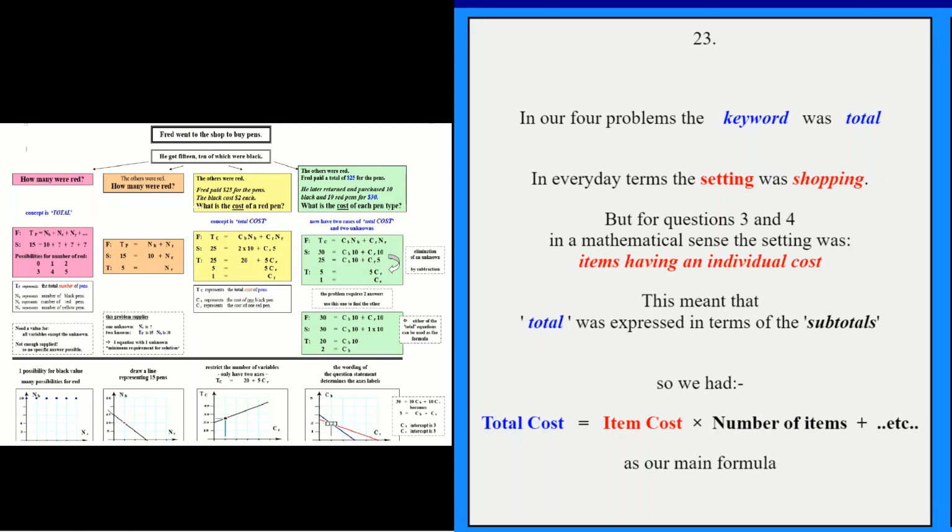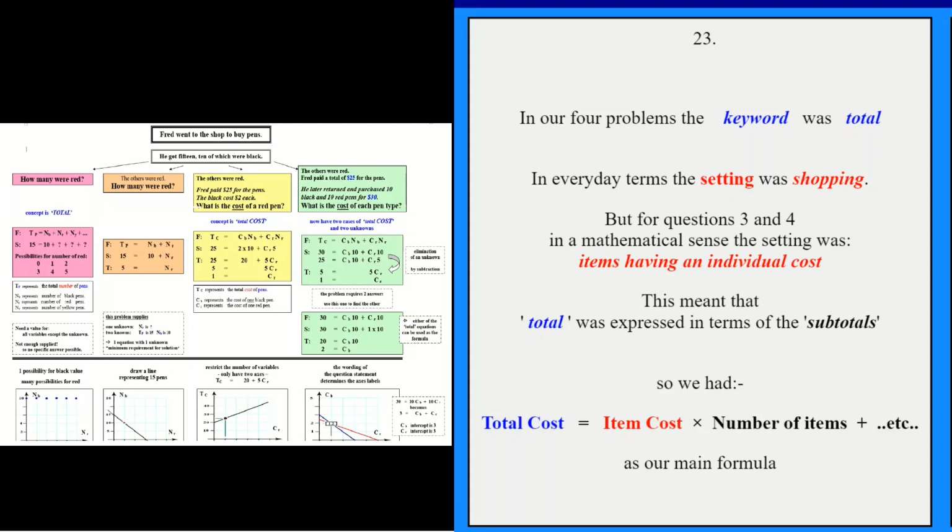In our 4 problems, the keyword was total. In everyday terms, the setting was shopping. But for questions 3 and 4, in a mathematical sense, the setting was items having an individual cost.